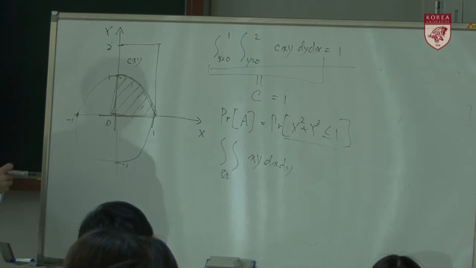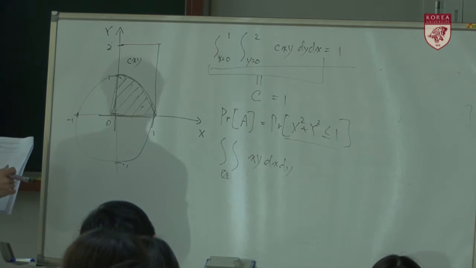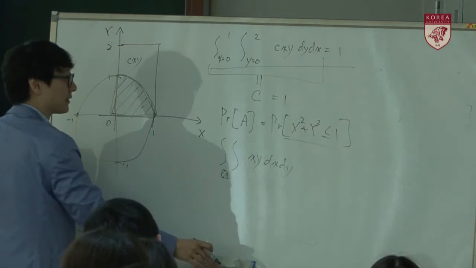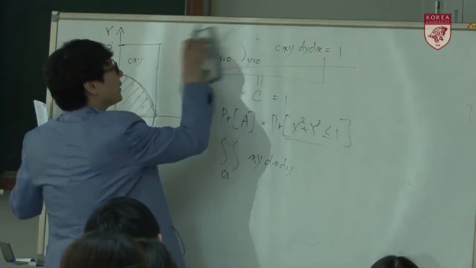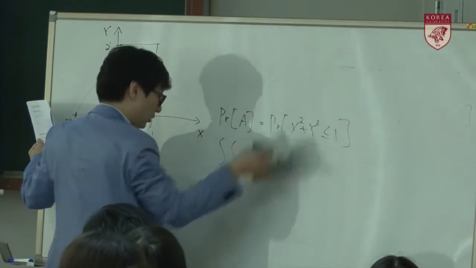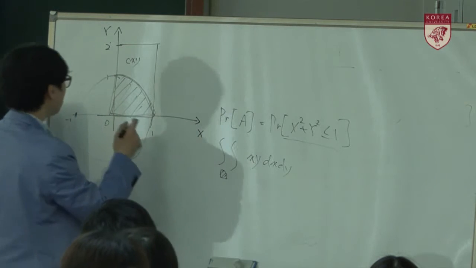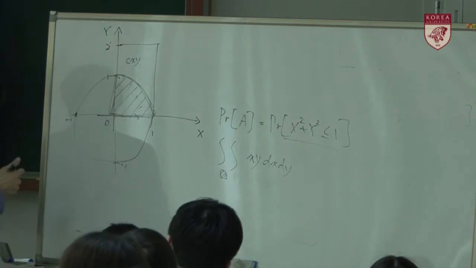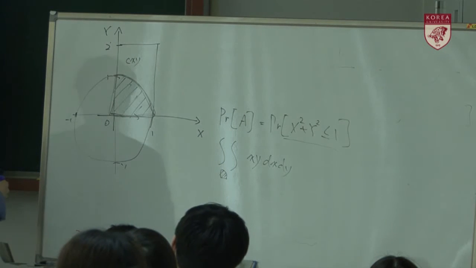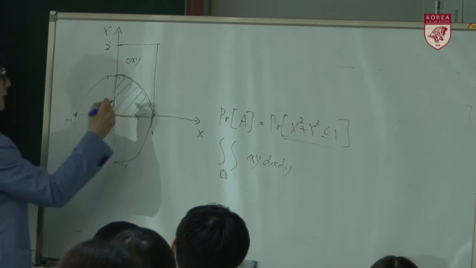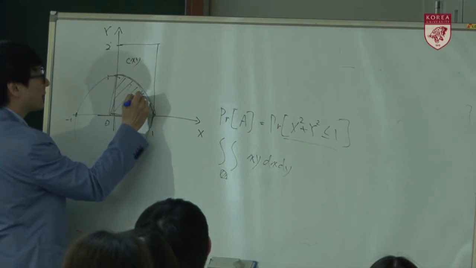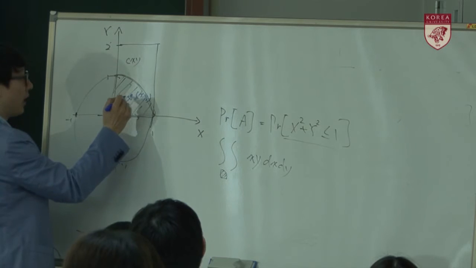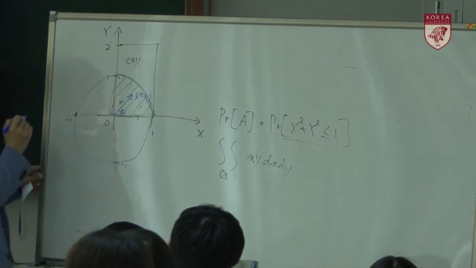So one of the common ways is to change to the polar system. Instead of x and y, we use r and theta.